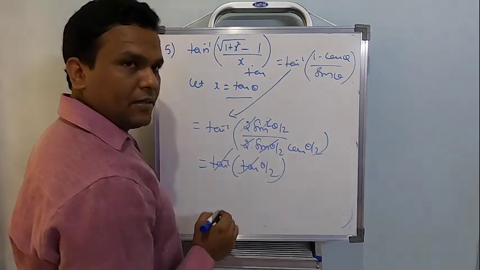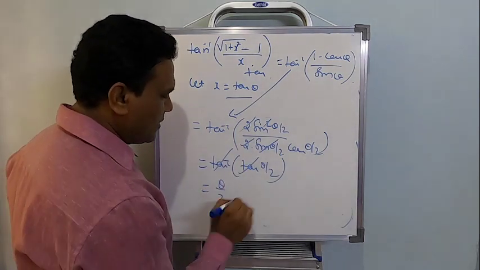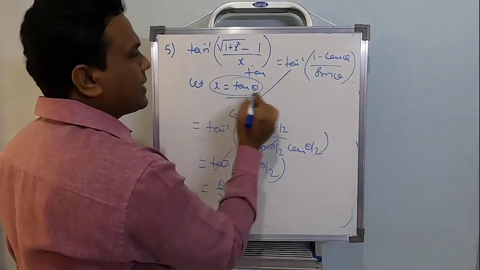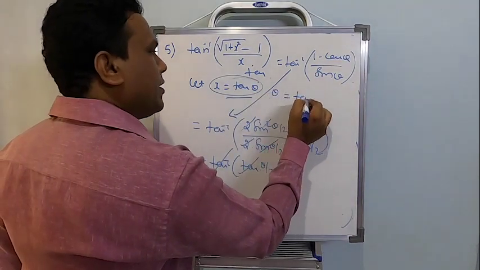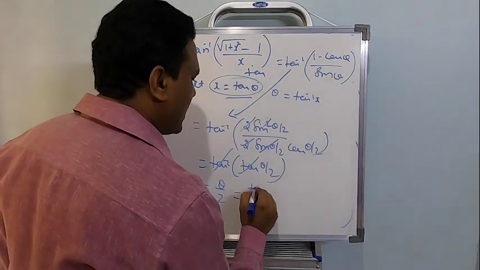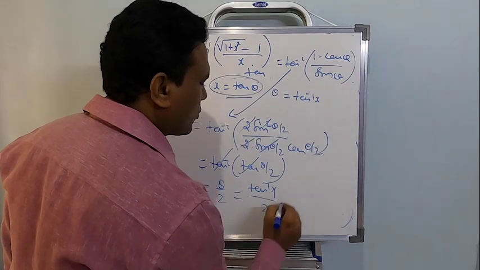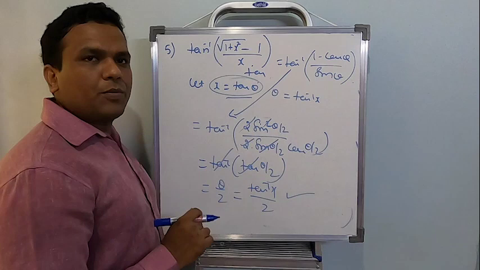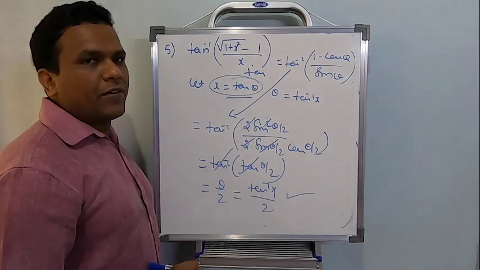Eliminate tan inverse and tan, and the final remaining thing will be theta by 2. You should not leave it here, because if I take x equal to tan theta, then theta will be equal to tan inverse x. That should be the last replacement: tan inverse x by 2. This will be the final answer. So this is how it should be done. By using a suitable substitution, we can reduce this.